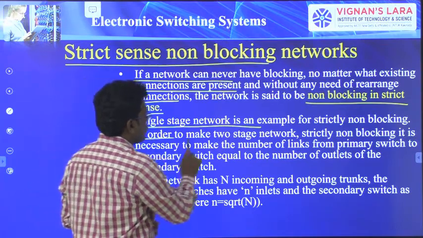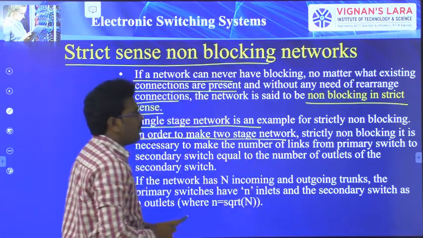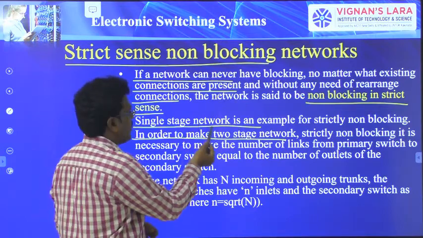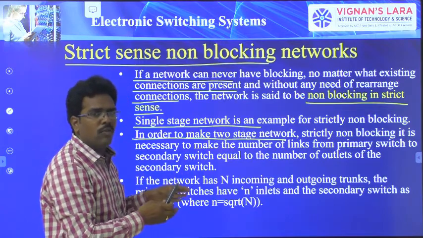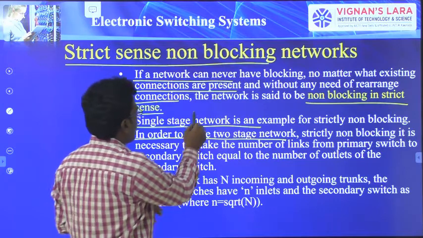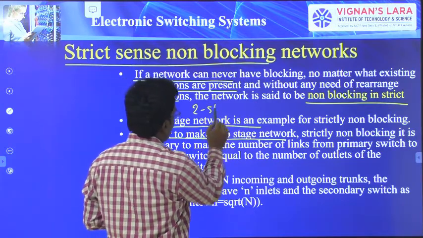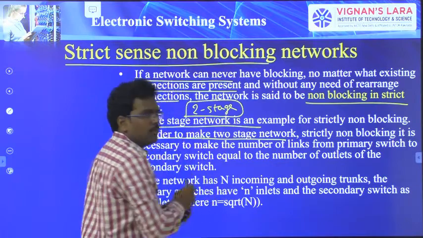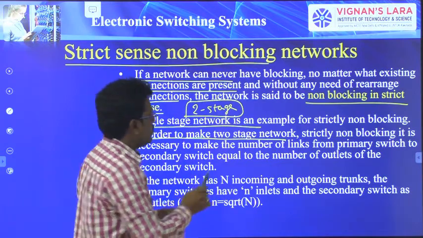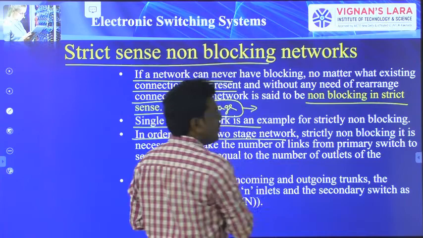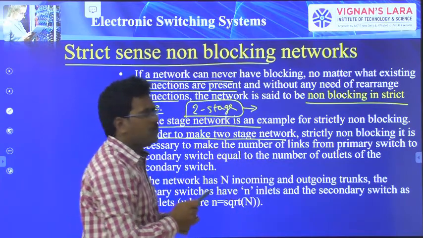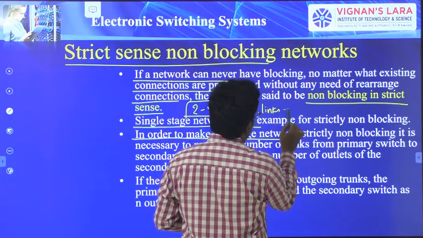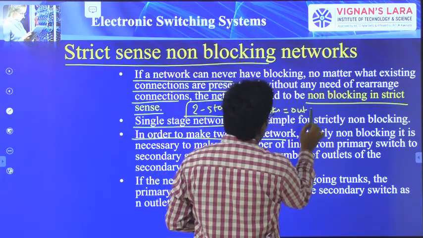In order to overcome the above problems in single stage, we'll go for multiple stages. If you take the example of two-stage, it itself is a blocking network. So to convert this into a non-blocking network, what you have to do? You have to choose the number of links equal to the outgoing trunks.